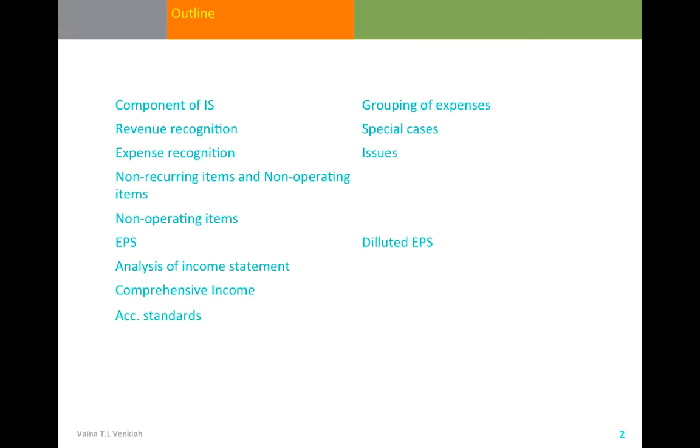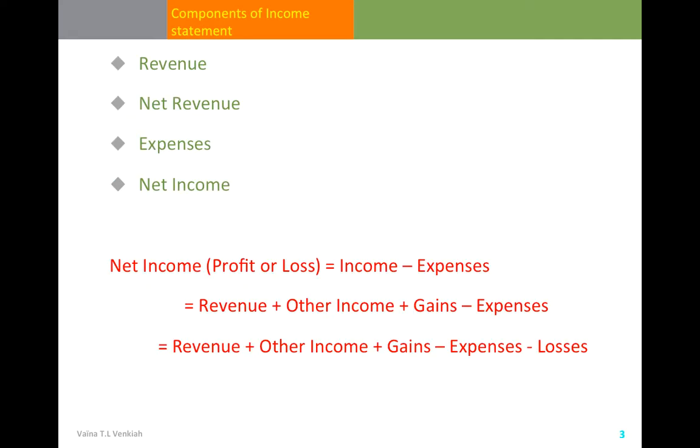So as an outline, we're going to cover the components of the income statement, how expenses are grouped, revenue recognition and its special cases, expense recognition and issues with that, non-recurring items and non-operating items, basic EPS and diluted EPS, the analysis of the income statement, the comprehensive income, and the accounting standards.